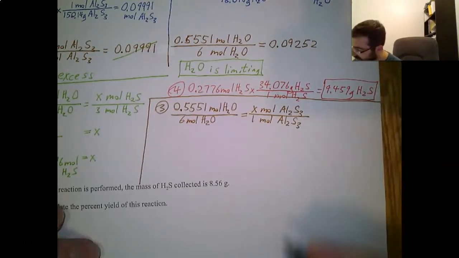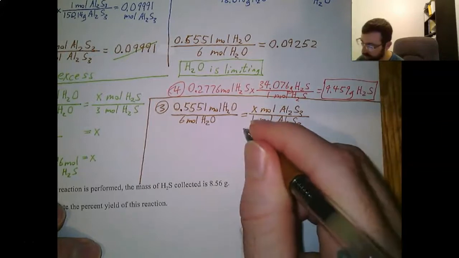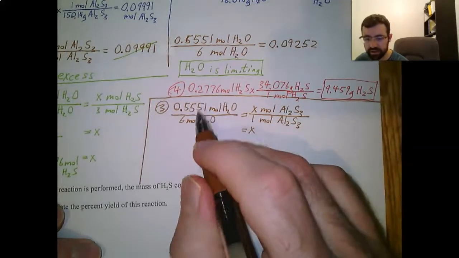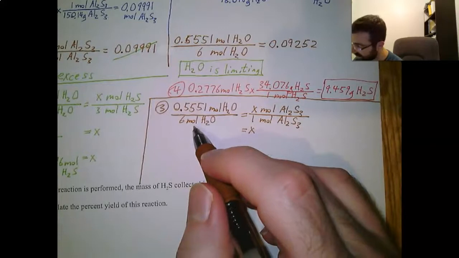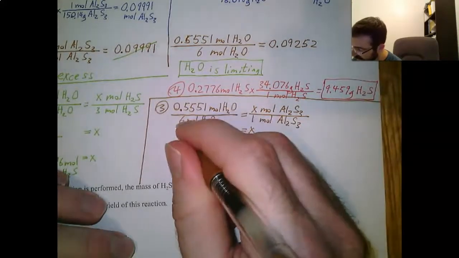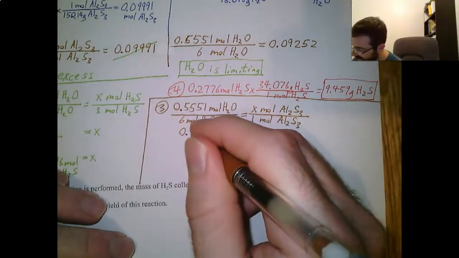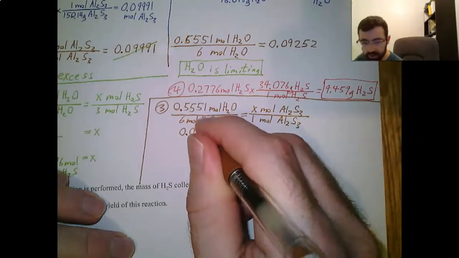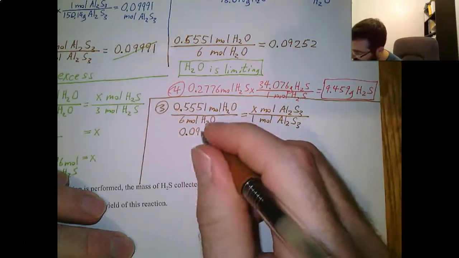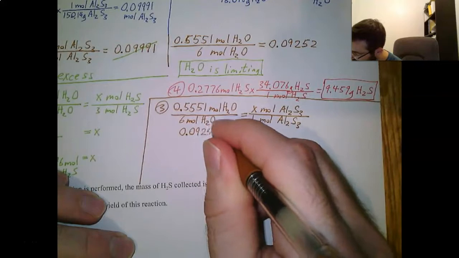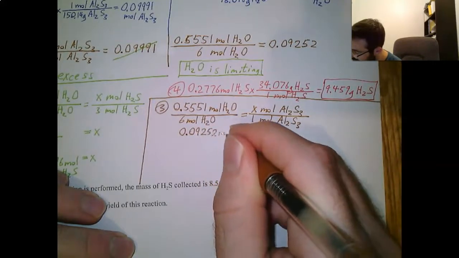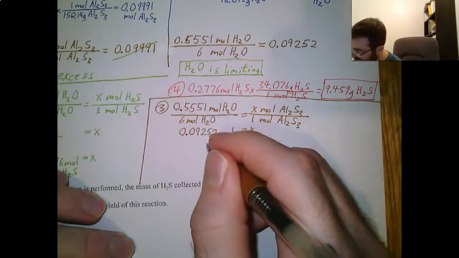Solve for X. X equals this divided by this, which if you do that in a calculator, you're going to get 0.09252 moles of Al2S3.